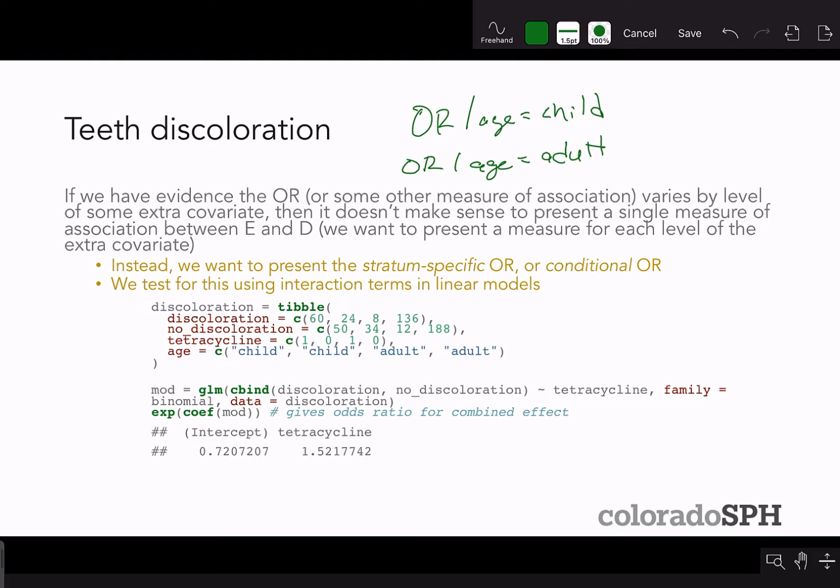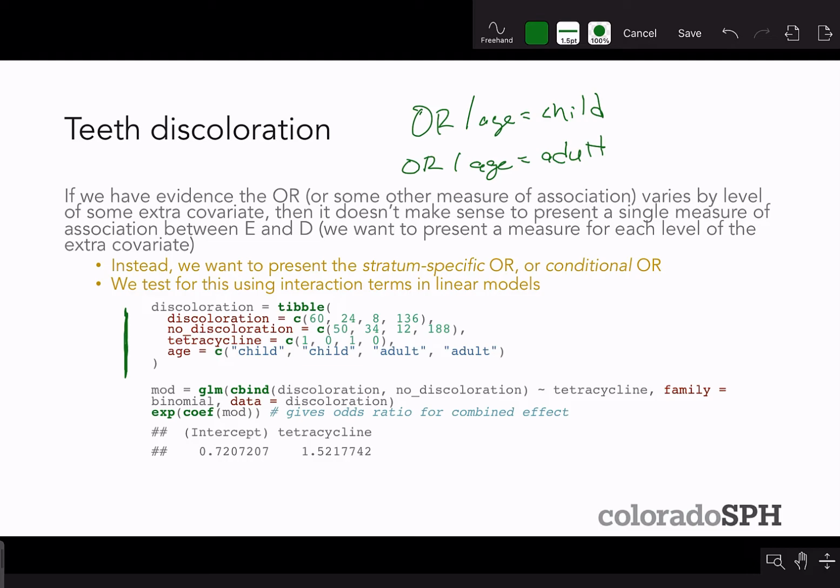In order to see whether or not that interaction is actually significant, we can test that using an interaction term in a linear model. In the R code that's printed below, first I define a data frame called discoloration by inputting the data that we saw in that table.